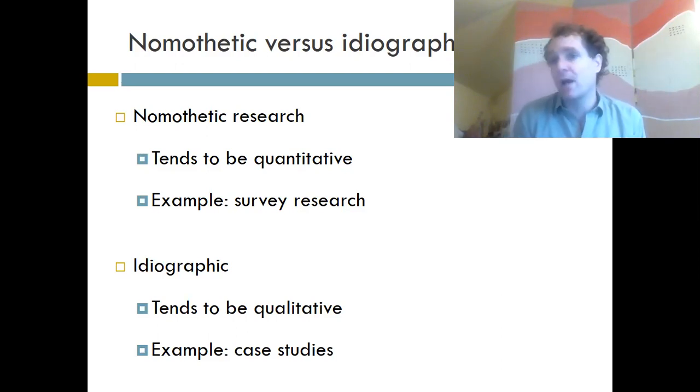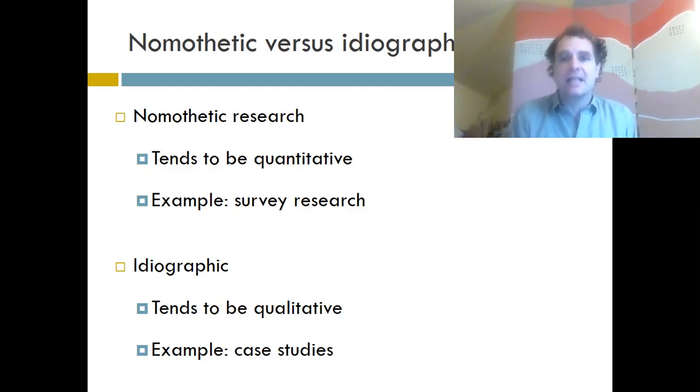Yes, astronomers want to understand asteroids and planets and astronomical events, but sometimes they also want to understand Jupiter. They focus on a specific planet and they say, okay, I want to understand everything I can about this one specific planet. And so being idiographic does not make you less scientific. It's just a different version or format of science.